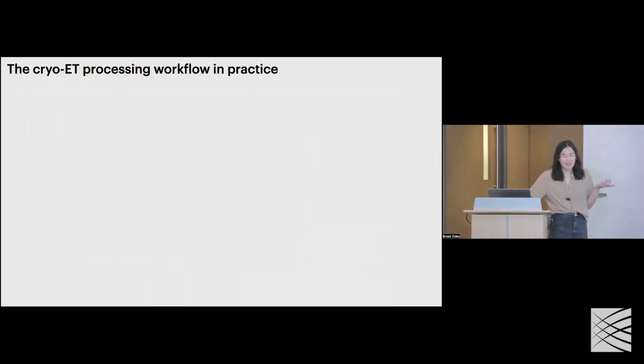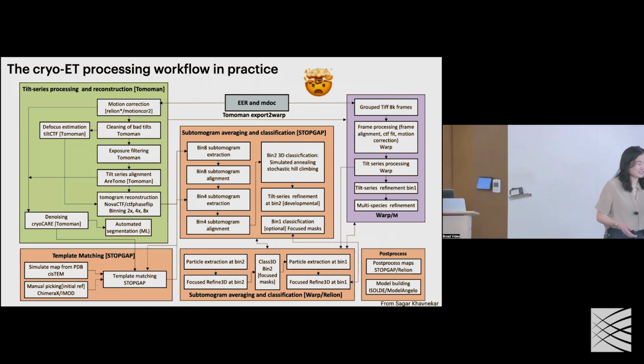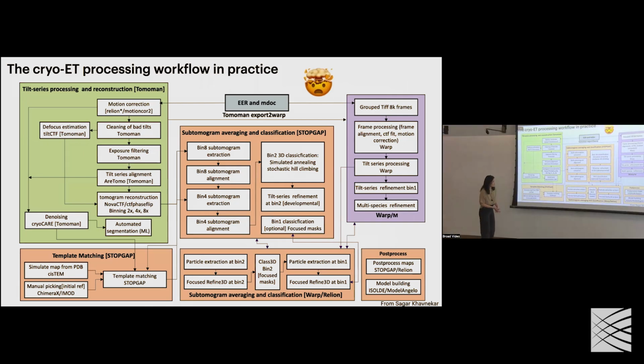Unfortunately, the cryo-ET processing workflow in practice looks something like this. This is literally the workflow that I think Sagar did to process some of our cryo-ET data analysis. You can appreciate that the metadata is a lot more complicated now because we have this set of images, 41 different tilts.